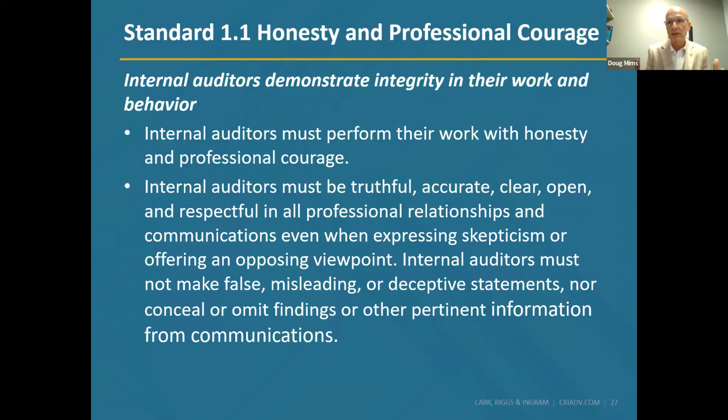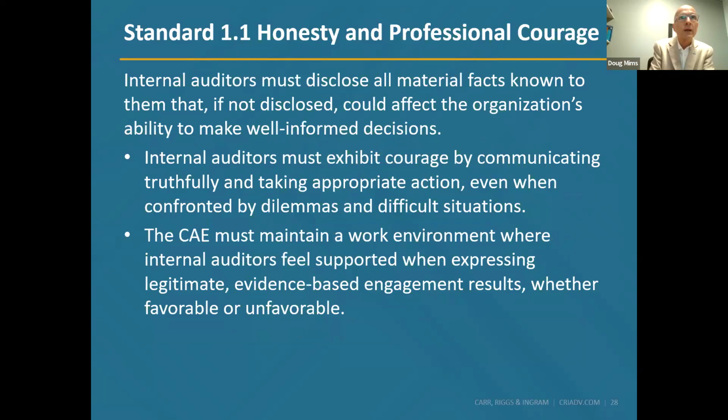So we've got to thoughtfully consider what we're conveying, because a lot of times we're critiquing work that someone else has done, a control someone else is performing, relevant activities, and we're critiquing it in some way, either saying this is how it could improve or this is the issue. And obviously, as internal auditors, we don't need to make false, misleading, or deceptive statements. We need to be transparent. And so that's the point of Standard 1.1.